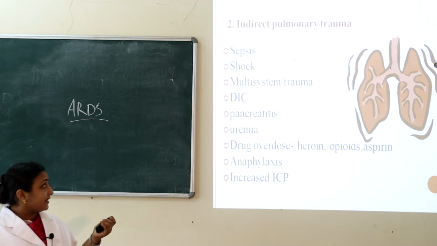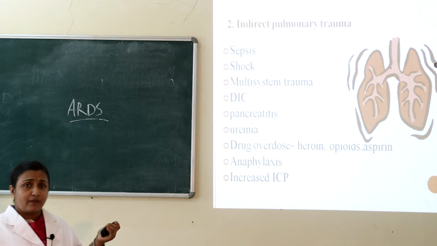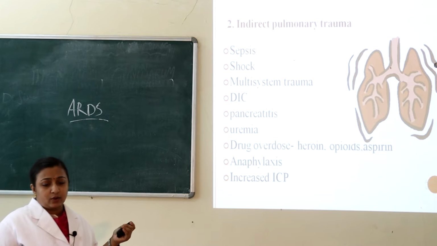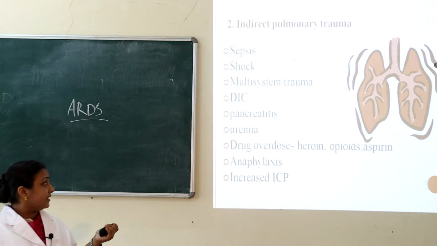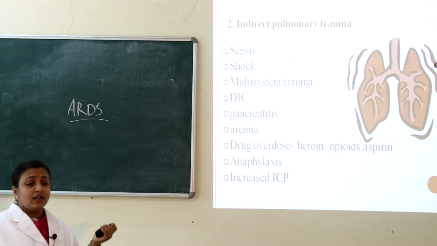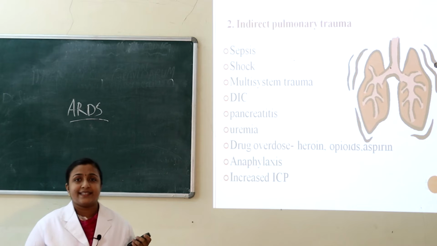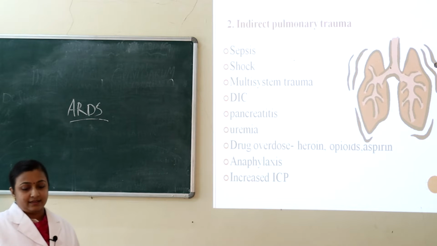The next is pancreatitis. Then uremia, drug overdoses like heroin, opioids, aspirin, etc. Then anaphylaxis, then increased ICP. These are all conditions which can cause indirect injury to the lungs.